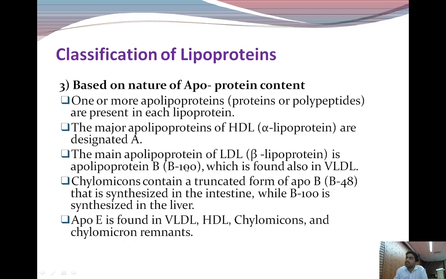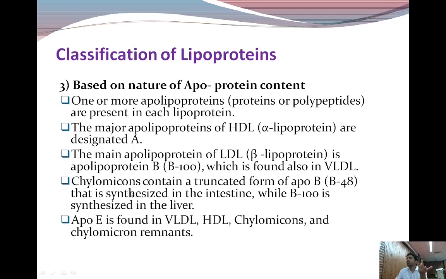And here you see B100. Chylomicron also contains ApoB, but it is B48. We'll see how it happens. Now in LDL and VLDL, the ApoB, which is the apolipoprotein part of the lipoprotein, is produced in the liver, because we saw that VLDL is formed in the liver. Now chylomicron is formed in the intestine.